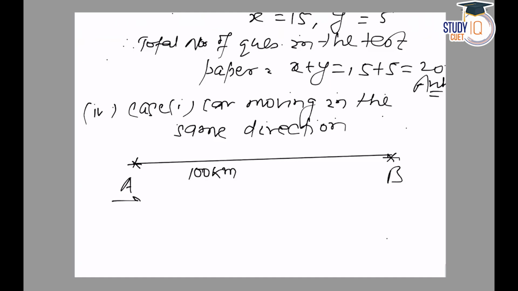Car A and B both are moving in the same direction. Let them meet at point C, and the distance between point B and C is, suppose, D1. So the distance between A and C will become 100 plus D1.